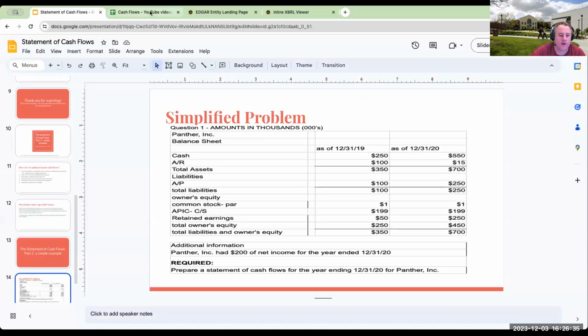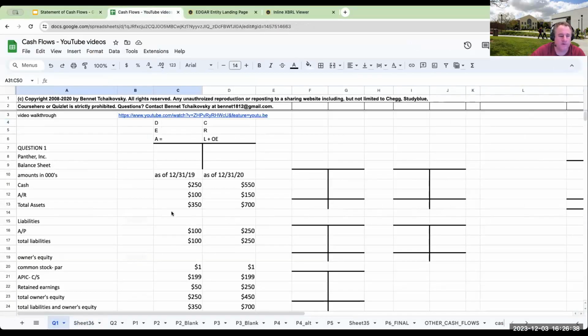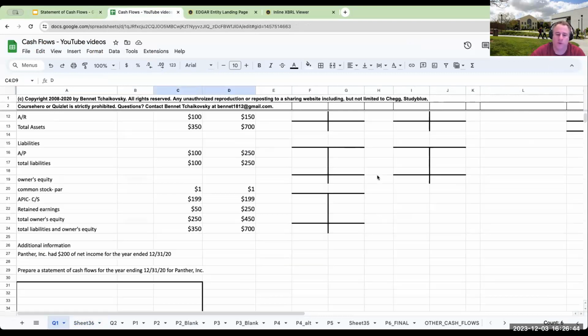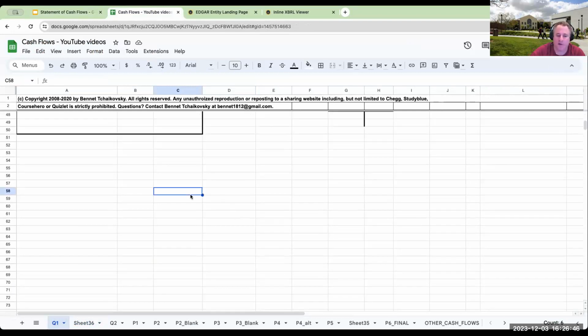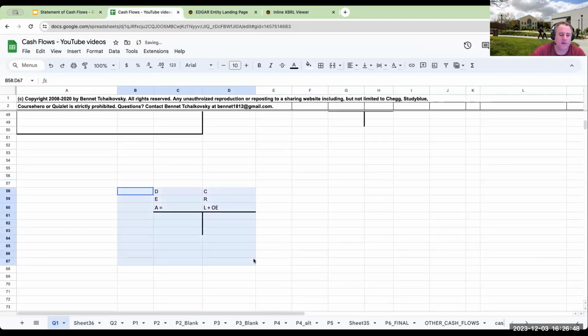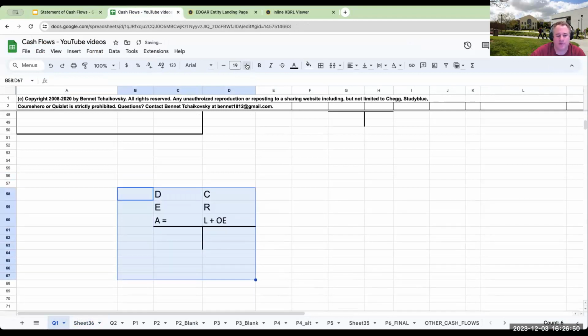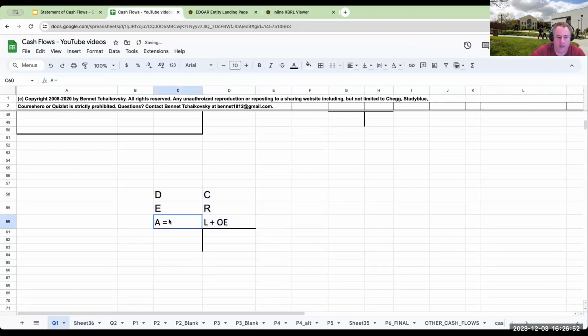So let's come over here, go to our very first question. One of the things I want to do, as a reminder, is use T accounts. This is extremely important. We have our balance sheet, A equals L plus OE, assets equals liabilities plus owner's equity.